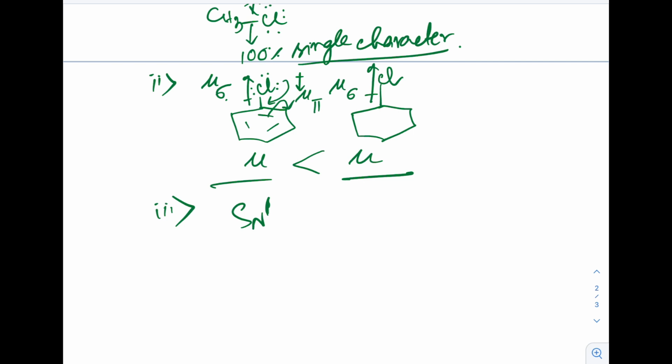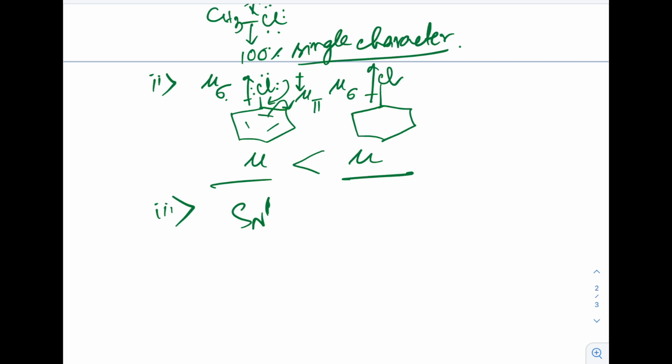I am not writing down the answer, I am just dictating. You just take your pen and copy it down. As the SN1 reaction proceeds via planar carbocation intermediate formation, that planar carbocation has two faces.